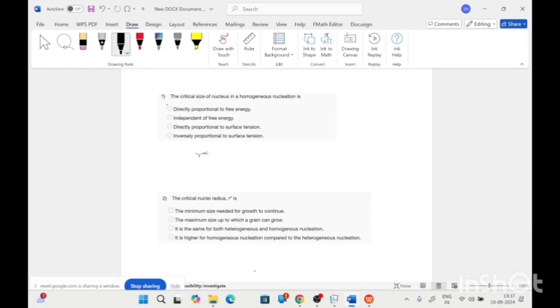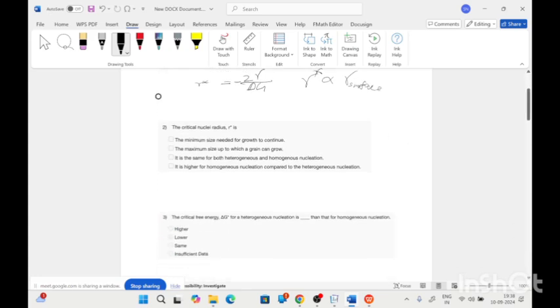The first answer is that it is directly proportional to free energy. So this is wrong. It is independent of free energy and directly proportional to surface energy, meaning R star can be written as 2 gamma by delta G. So it is directly proportional to the surface energy.